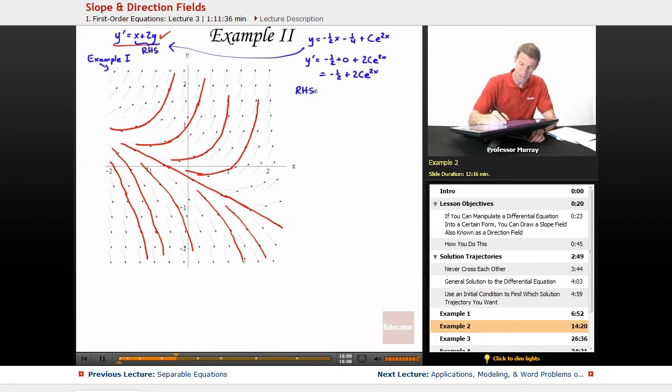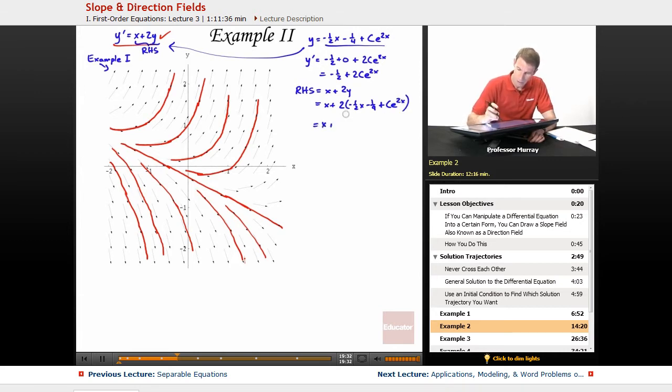I'm going to see if I get the same thing as I got for y prime. RHS is x plus 2y. Now that's x plus, and I'm going to plug in my y from up here. So 2 times negative 1/2 x minus 1/4 plus c e to the 2x. And let me just simplify that.